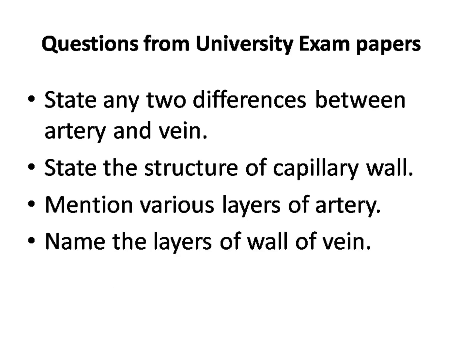Thereafter, in some previous year university question papers of mammalian histology, they ask the same repeated questions like: name the layers of wall of vein, then state any two differences between artery and vein, which can be easily answered when you have seen all these slides.